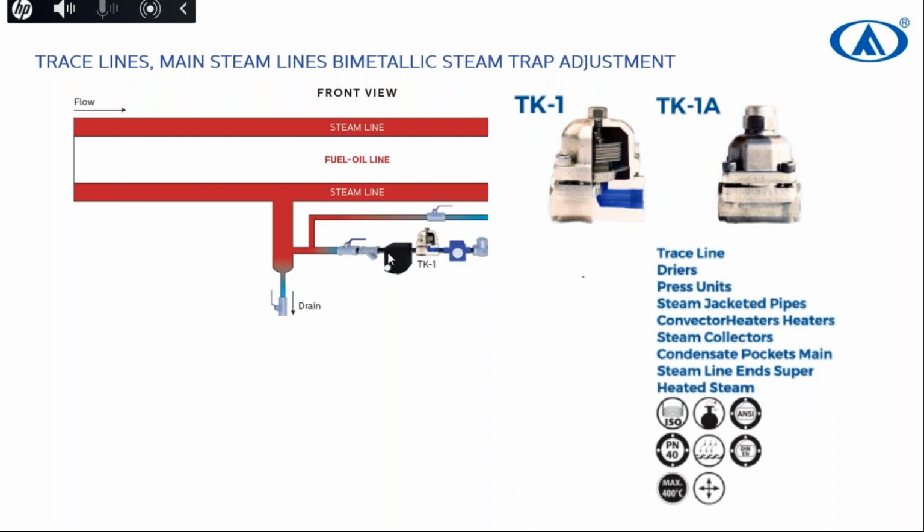I'm checking your questions once again. Does IWAS produce ball float steam traps up to 32 bar? No, we are producing up to 25 bar, which is SK70. I will mention SK70 in the what's new in IWAS part, the third part of the webinar.